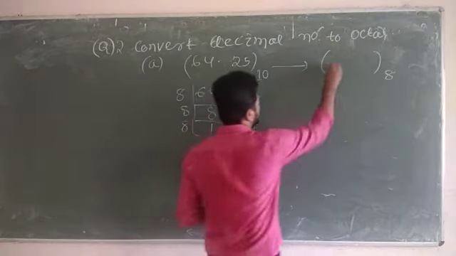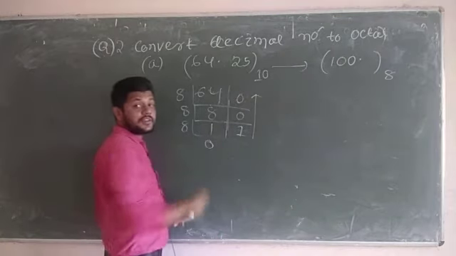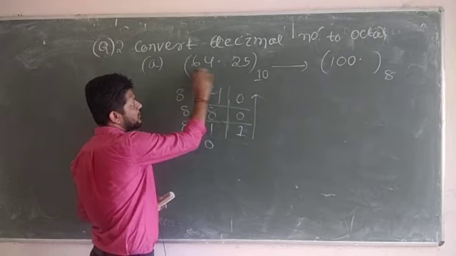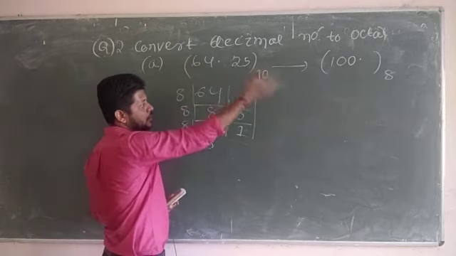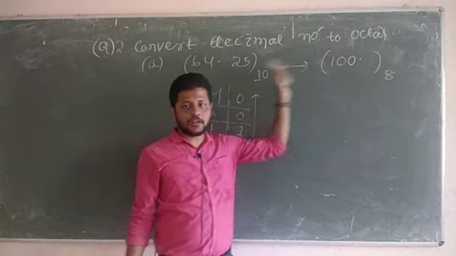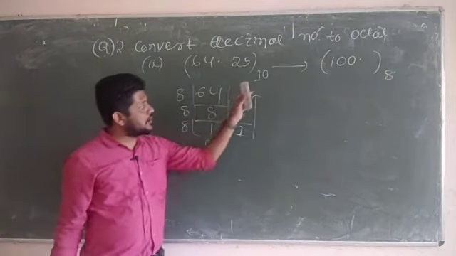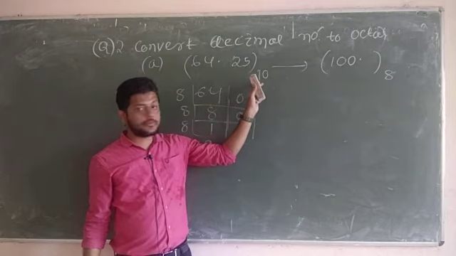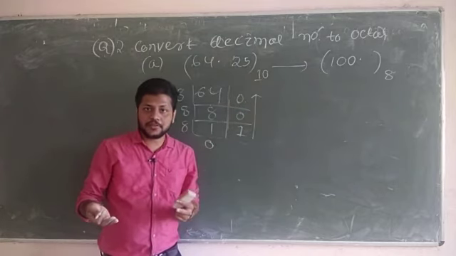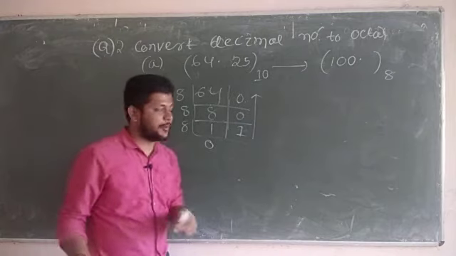You can observe here that when the decimal number 64 is converted into octal, the number becomes 100. So obviously this 100 is greater than 64. From this you can verify that when you convert a number from a higher base to a lower base, the number inside becomes larger.